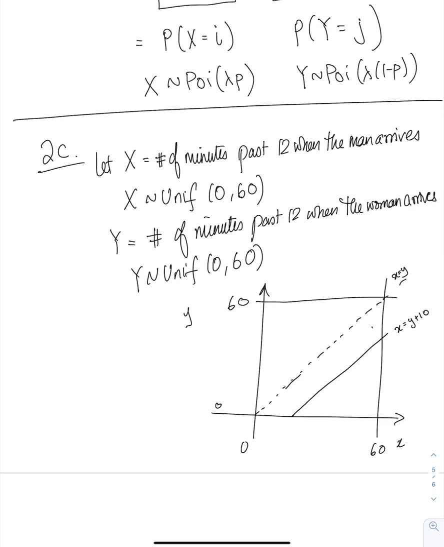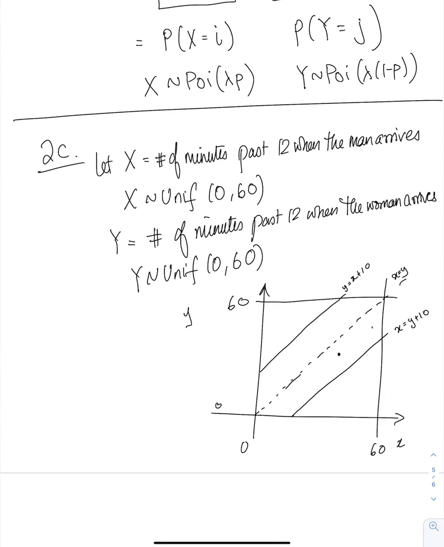Similarly, let's suppose the man arrived first and the woman arrived later, and the woman arrived more than 10 minutes after the man. And let's look at the line y equals x plus 10. All right. Now, let's just look at this grid. Let's pick any point in here. What do you have?